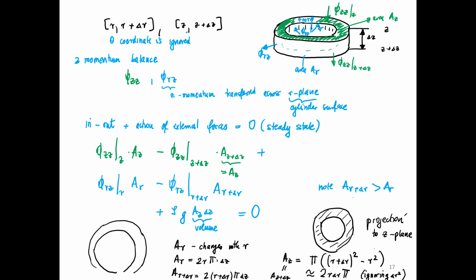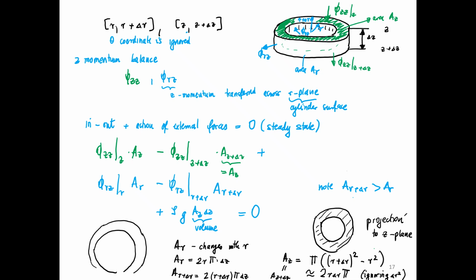Basically, phi ZZ is Z momentum transfer across the Z plane, and I have it at Z plus delta Z. And I have phi RZ, which is Z momentum transfer across an R plane, and that's across R. So I have the inside part of this annulus and the outside part of the annulus. The key thing here is that those two surfaces are of different area, and the outside one is a little larger.